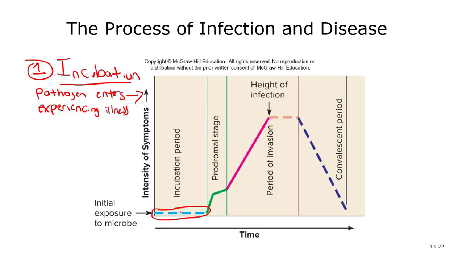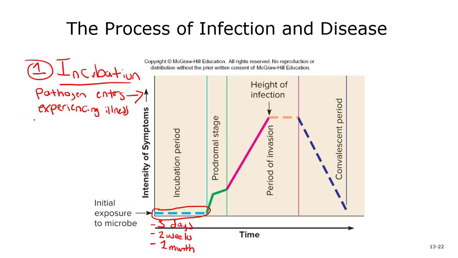The incubation period can vary depending on the pathogen. For example, for common colds or flu, the incubation period may be a few days, like 3 days. For something like typhoid fever, it could be 2 weeks. With rabies, the incubation period could be a month or even longer. So it always varies depending on the pathogen.